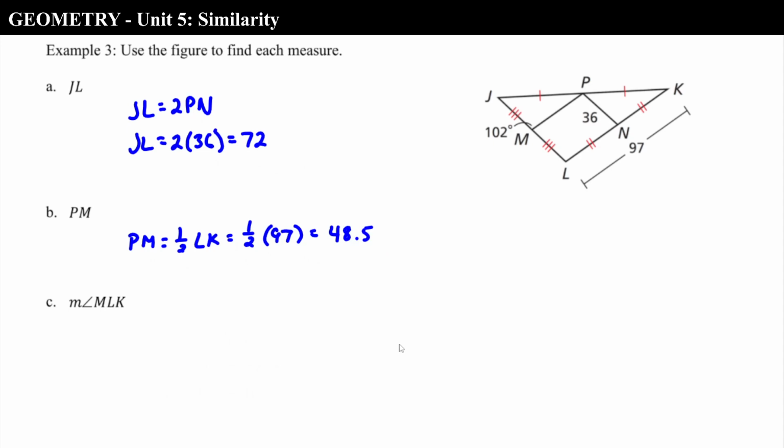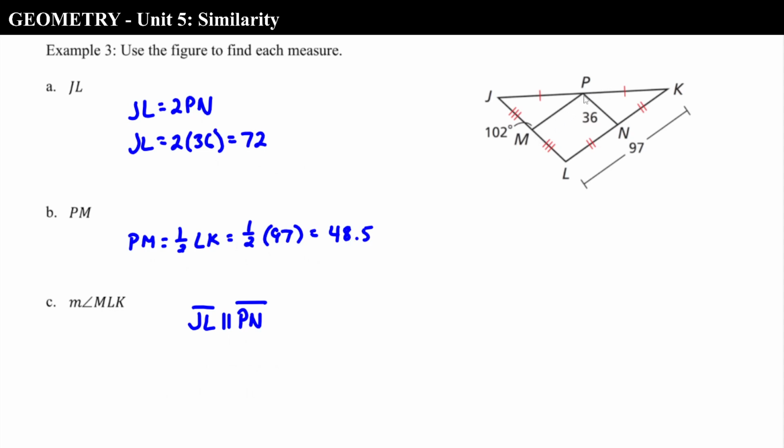And then finally, the measure of MLK. MLK is here. Well, we know that JL and PN are parallel. JL is parallel to PN. That allows us to create a transversal here.